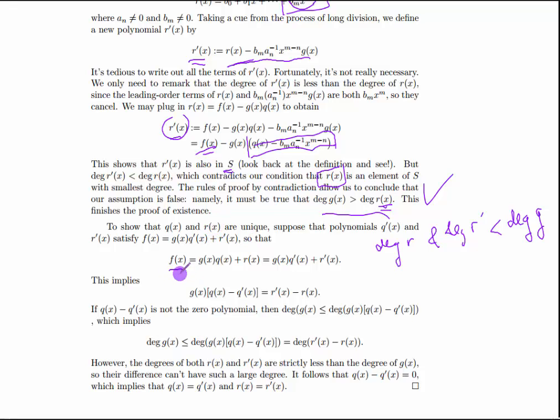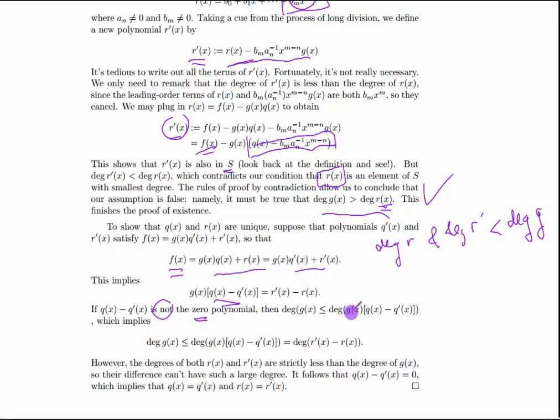So suppose I can express f in two different ways with these small remainders. And suppose the remainders are different. Well, if you rearrange and bring the r's to the right and everything else to the left, you get this expression here. Now, you have g of x times some other polynomial equals the difference of remainders. If this other polynomial is not the zero polynomial, what does that mean?